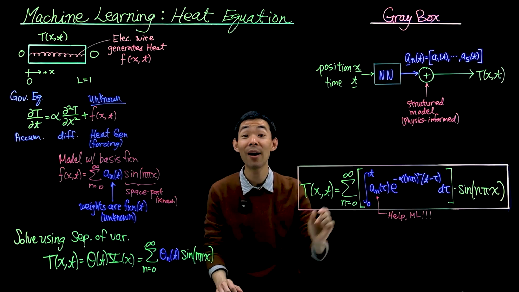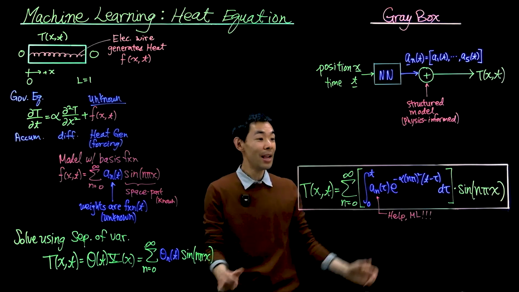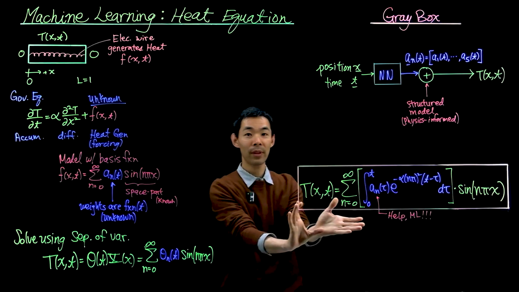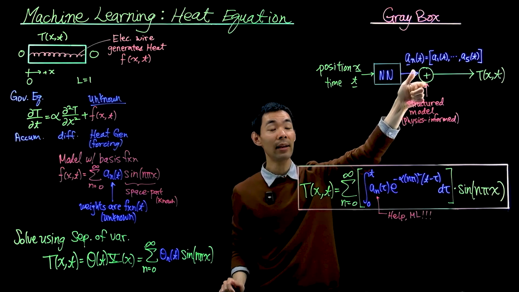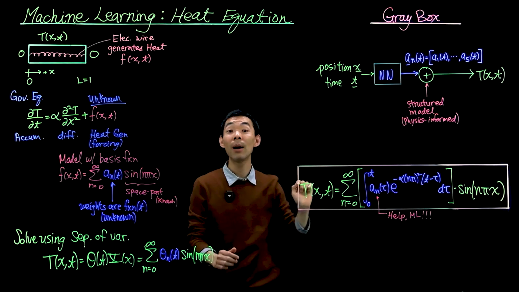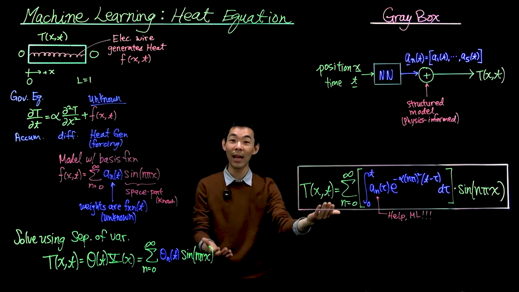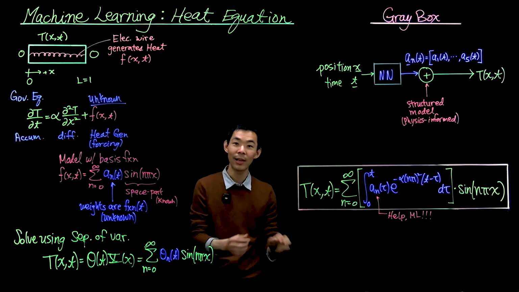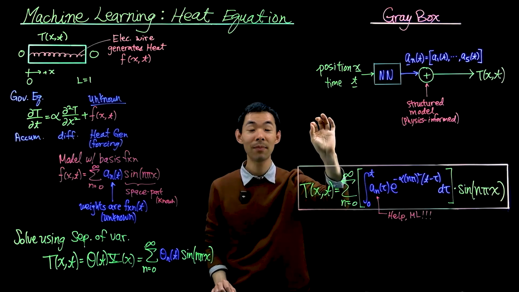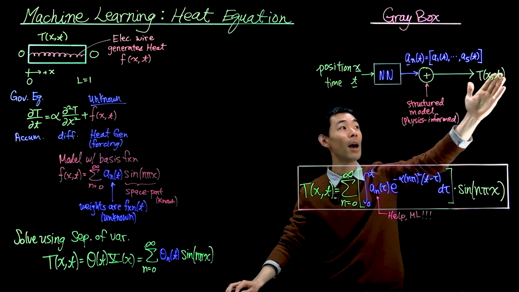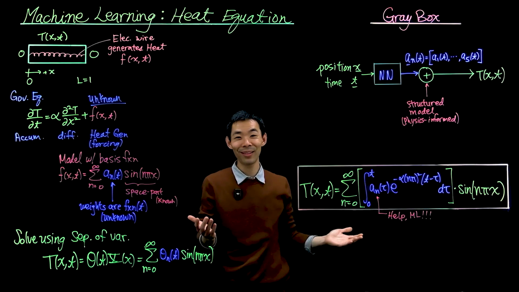Once we have the value of a as a function of tau, then this is the structured model that I circled in pink that will come in, mix with the a's, and then boom, out comes my full temperature profile because I have it right here. That is my model. That is a model that I'm going to go from this end, position and time, boom, all the way out to the temperature, which was our goal to begin with.